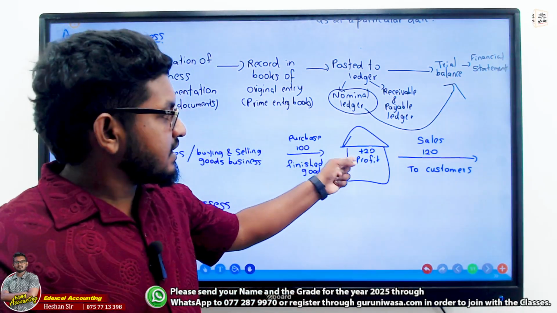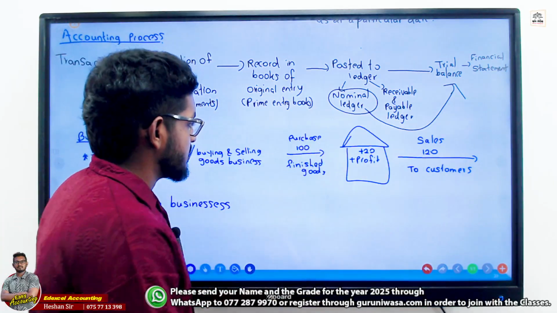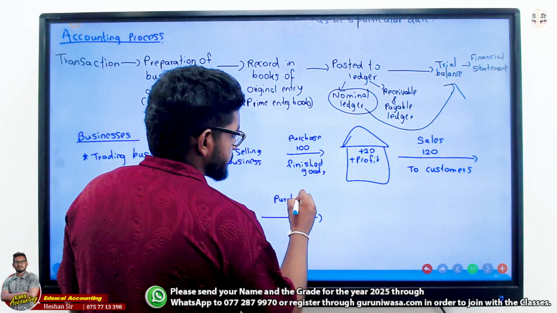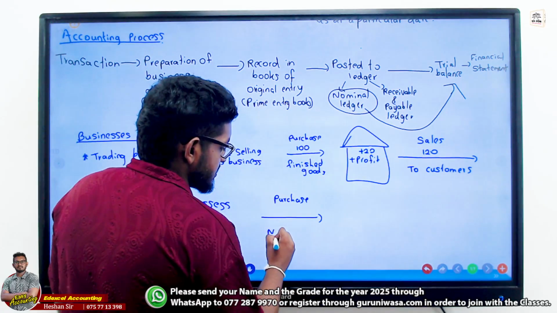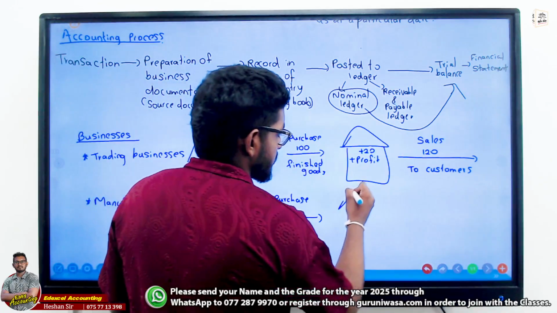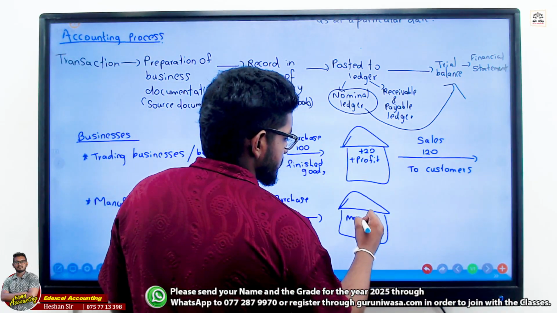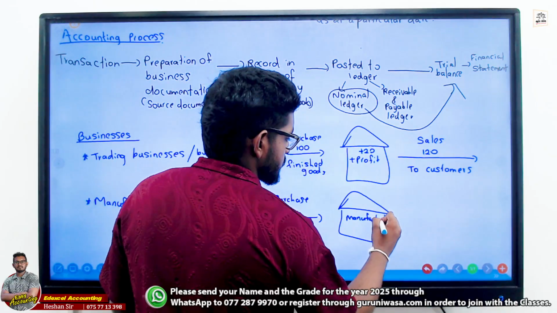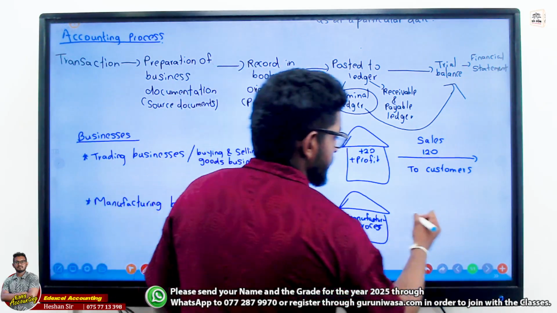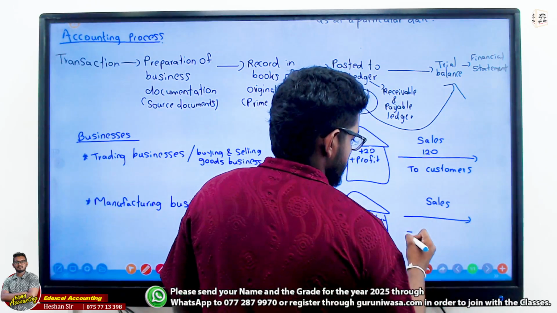The previous category purchases finished goods with no process, but some businesses purchase materials, and after that in the business there is a manufacturing process, and then they sell to customers.